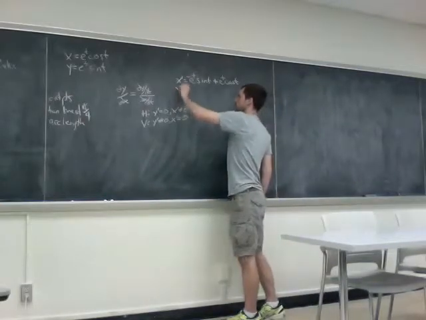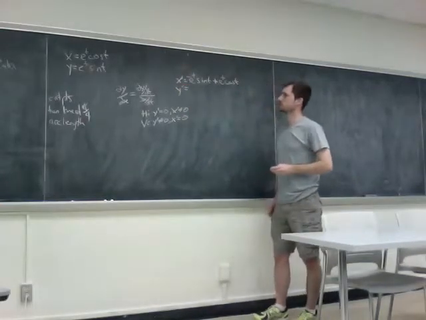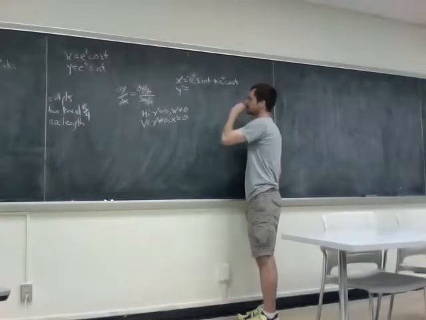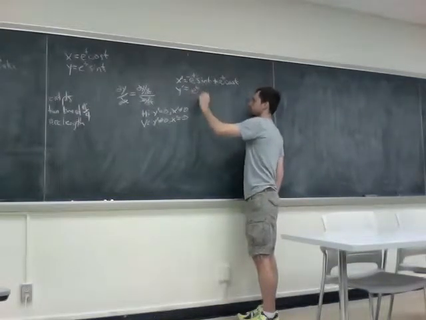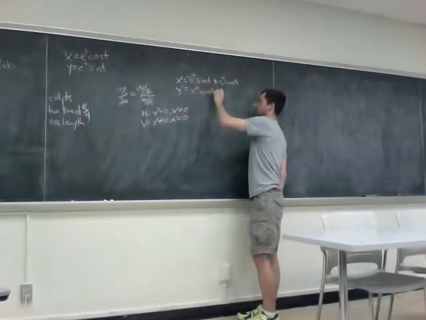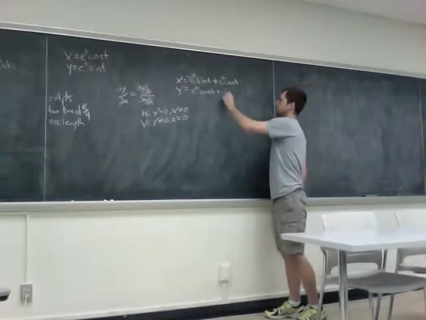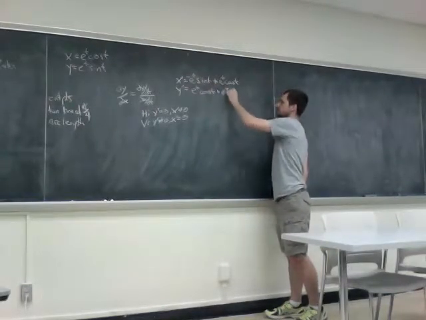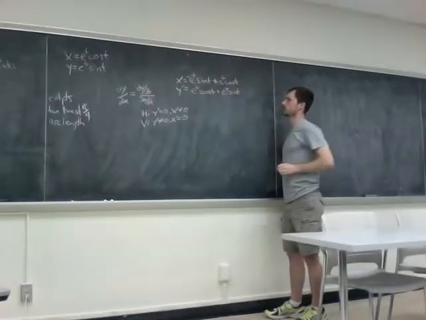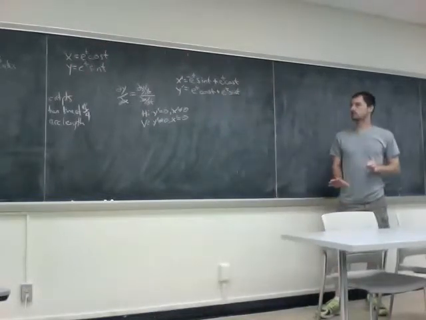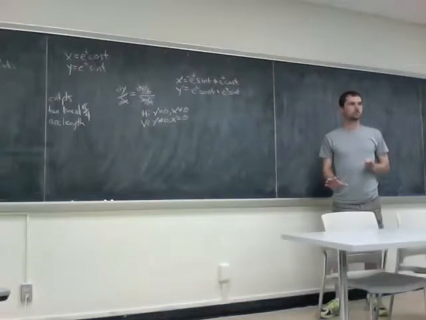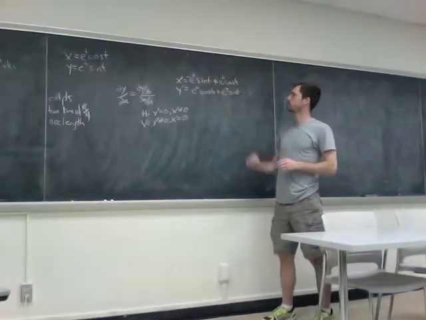And then for y prime, we have a similar situation. We take e to the t, and then the derivative of sine, which is cosine, plus sine t times the derivative of e to the t, which is e to the t. Any questions over that? Okay.